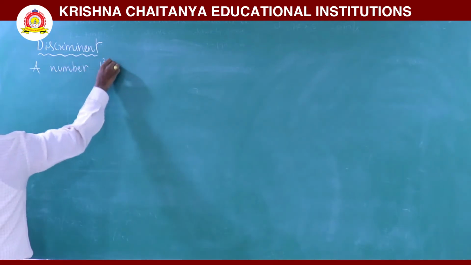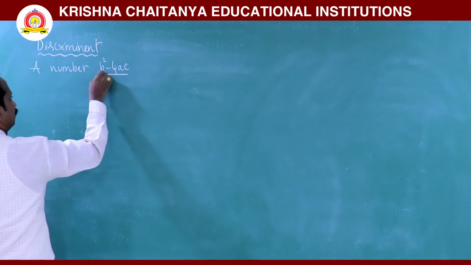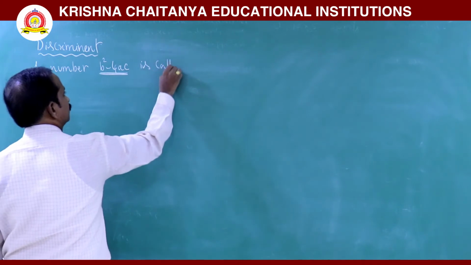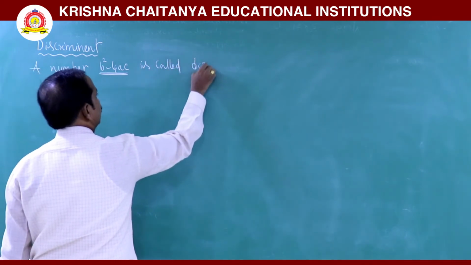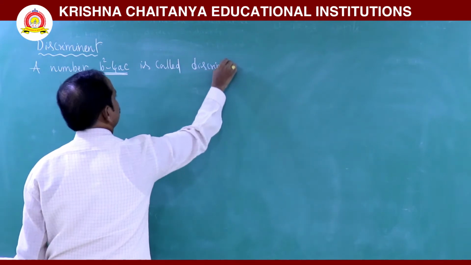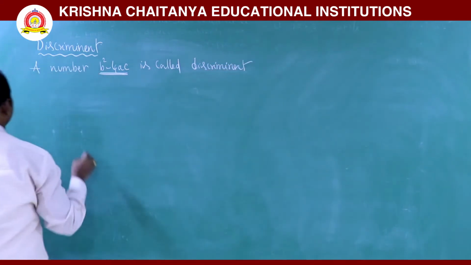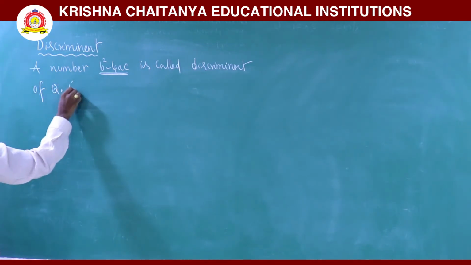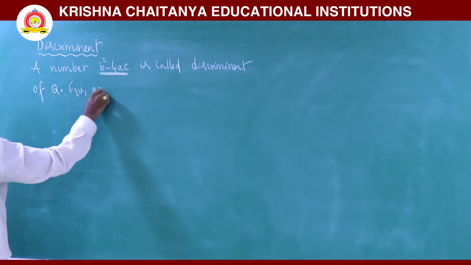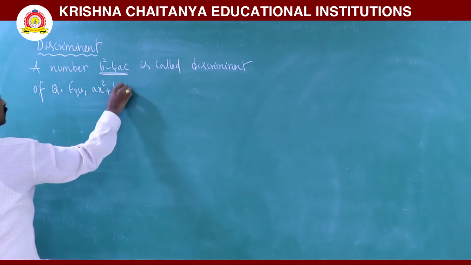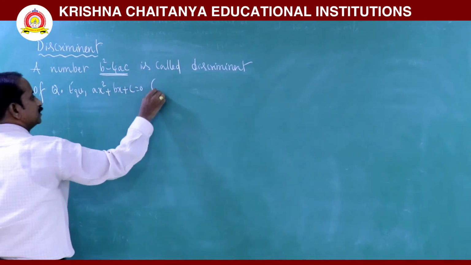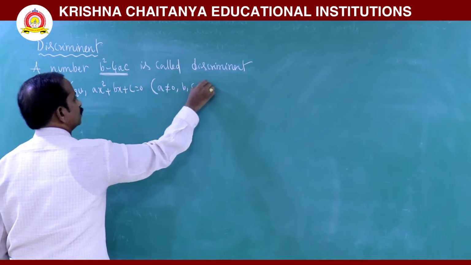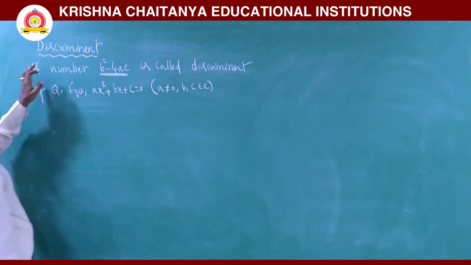A number b square minus 4ac is called discriminant of quadratic equation or expression ax square plus bx plus c is equal to 0 such that a not equal to 0, b, c belongs to R. So what is discriminant?